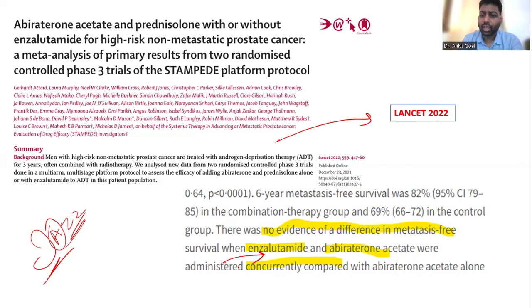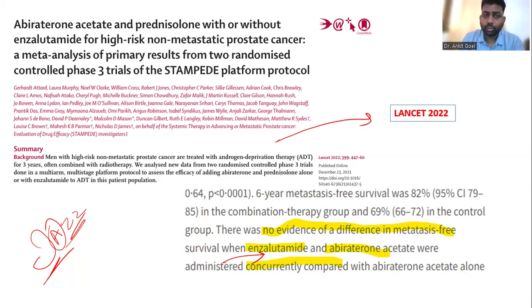Okay, it does not add to the metastasis-free survival or the overall survival, and that is the reason why it is not recommended. And even in our practice nowadays, the latest guidelines based on this don't recommend adding both abiraterone and enzalutamide together in a patient with metastatic CA prostate.